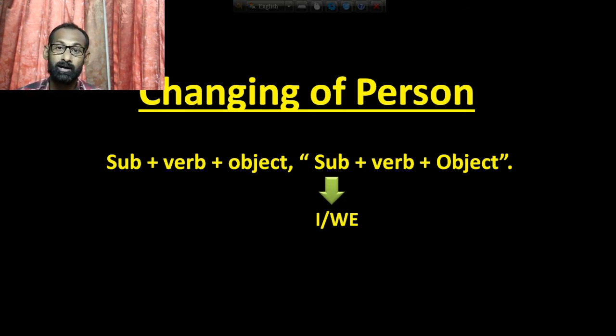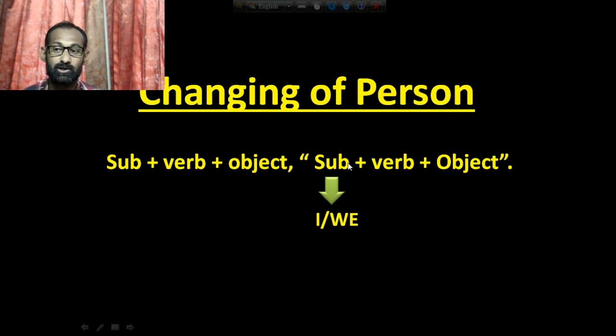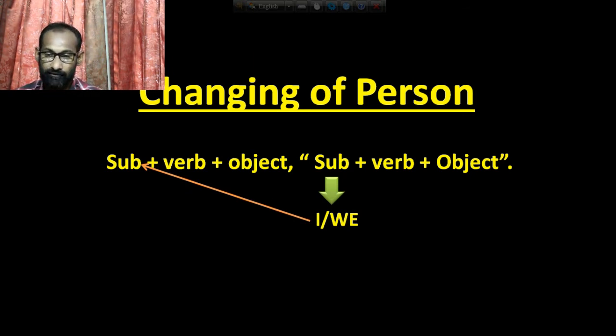Now we will learn the change of person. Actually, the first person I and we of reported speech will be the subject of the reporting verb. It's very important. I'm saying again, the first person I and we of the reported speech will be the subject of the reporting verb.